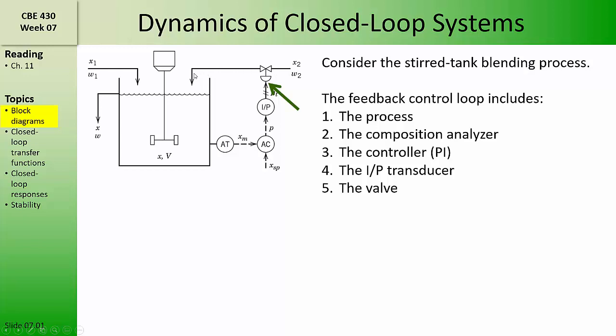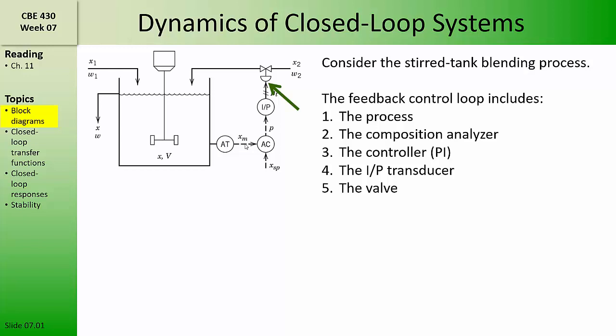And when W2 changes, that alters the composition or mass fraction of the fluid in the tank. So at each of these components, a signal coming in will be converted to an output signal with dynamics represented by a transfer function and a gain that may change the units. For example, the composition in mass fraction units is being converted to a measured composition, which is a current signal, by the sensor analyzer transmitter.